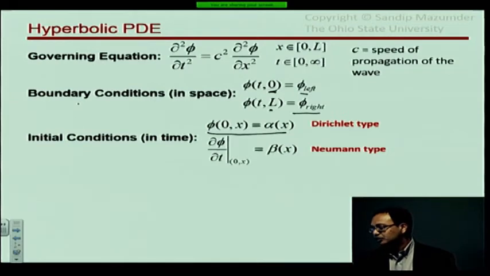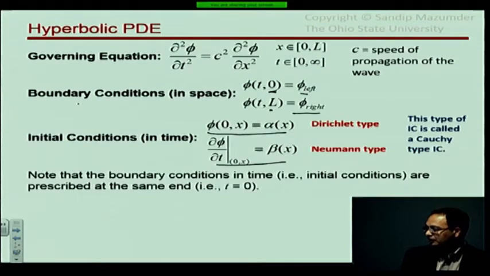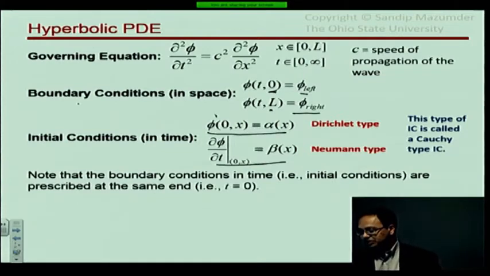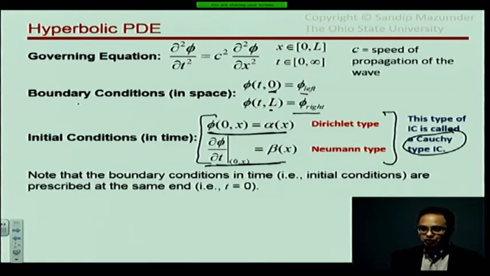It could be a Neumann type, or a mixed type. This is the most general type you will find, where the variable itself is specified at the boundary, the Dirichlet condition, and the derivative with respect to time is also specified. These two in combination are also known as a Cauchy initial condition.